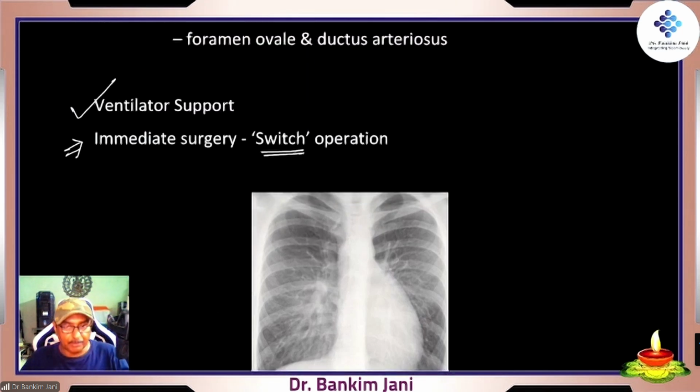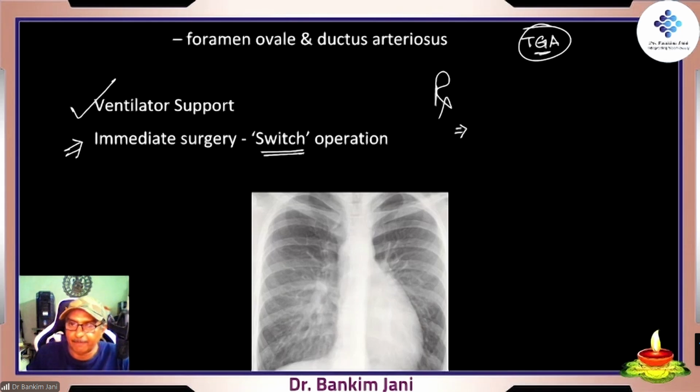When you are taking the patient for surgery, one small step can make a big effect on the condition of the patient. If the patient is to be given one medicine, one injection, which injection would you like to give? You have a patient of complete TGA, right?